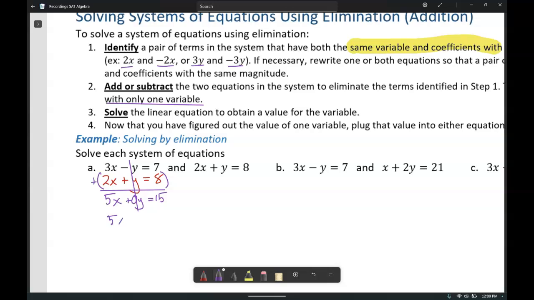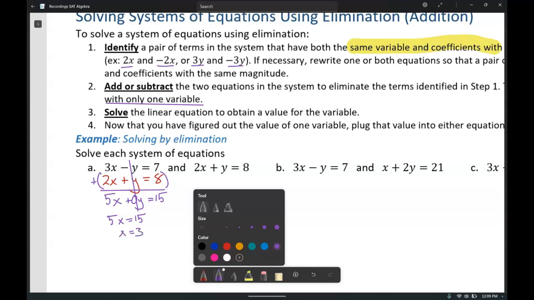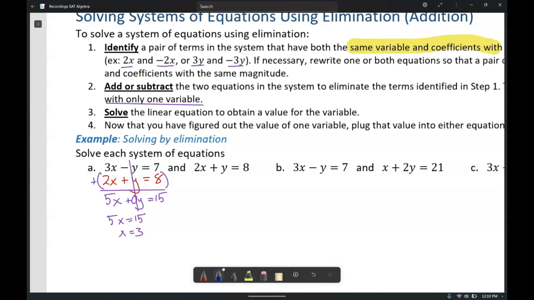So 5x equals 15, we can solve for x and then follow our same steps as before, where we substitute x back into another of the original equations and we solve for the other variable. So it's very similar in how we get the result. The beginning is just slightly different.